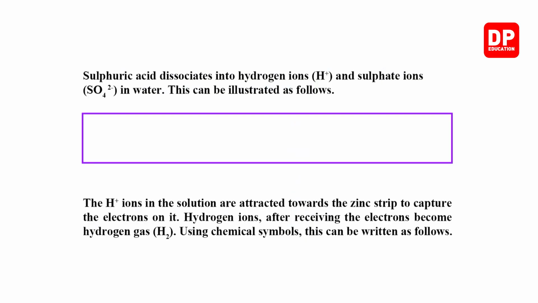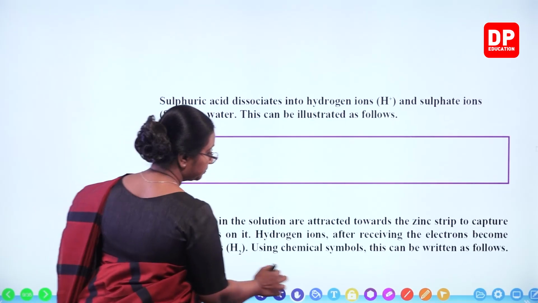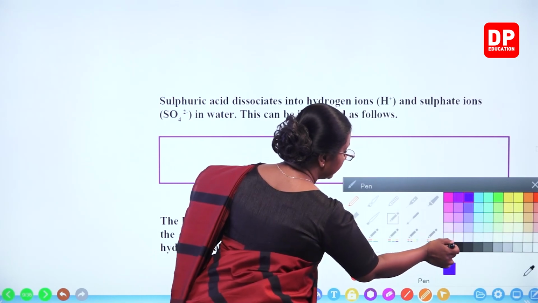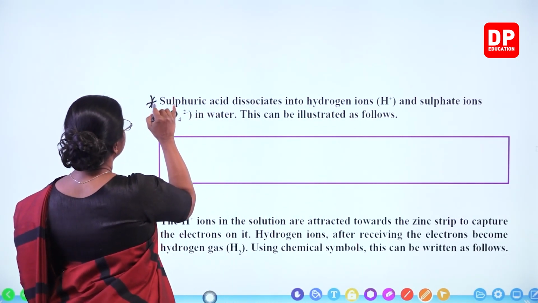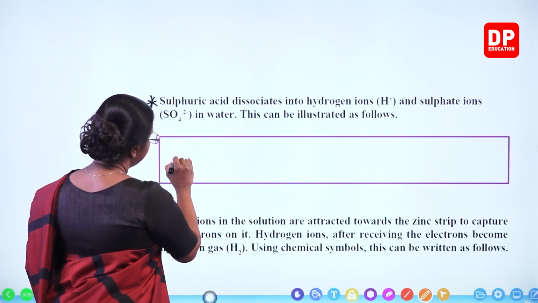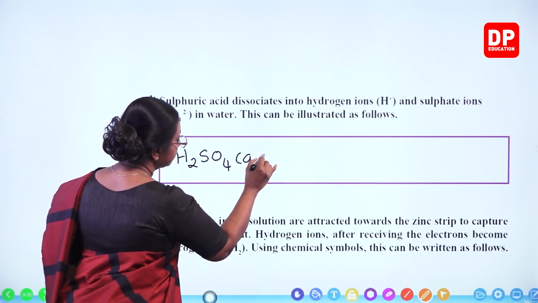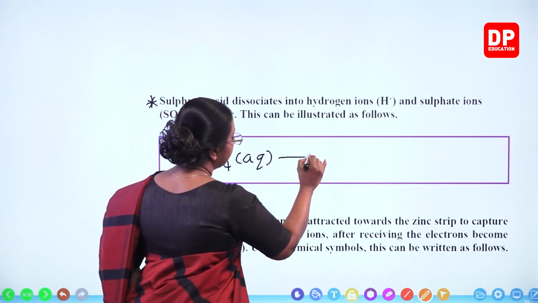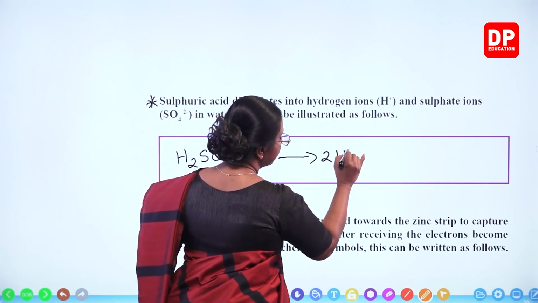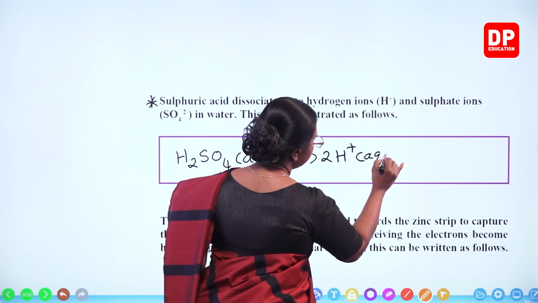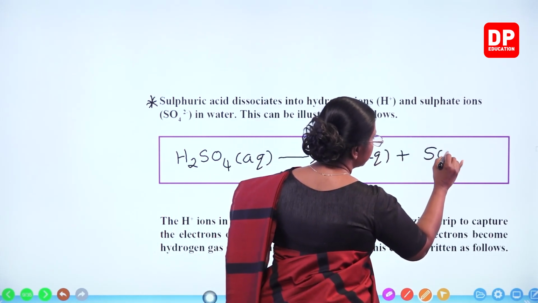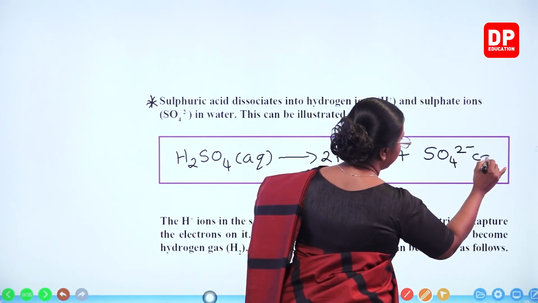Sulfuric acid dissociates into hydrogen ions and sulfate ions in water. This can be illustrated as follows. So sulfuric acid dissociates. This is the second reaction. Sulfuric acid, H2SO4 aqueous, giving rise to H plus aqueous plus SO4 2 minus aqueous.